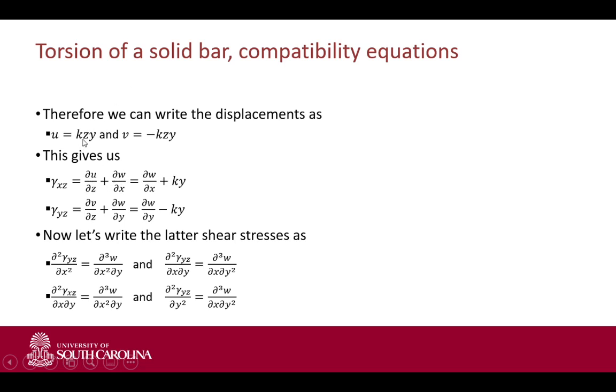We just take the derivative with z, so we get ky, and for the shear strain in yz, we plug in dv dz, so we get a negative of ky. Then we have our shear strains as a function of our partial derivative of w with respect to x and y, respectively, plus ky or minus ky.